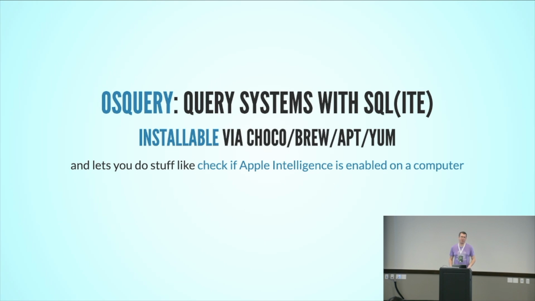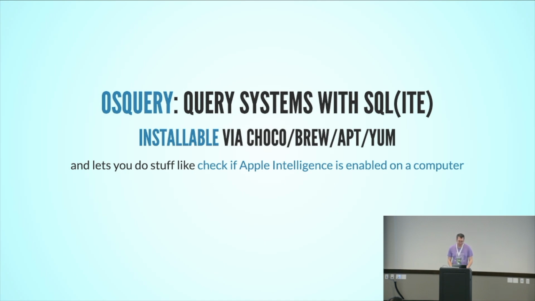Heck, you can even curl web requests. Well, it's not using curl under the hood, but you can make web requests through SQL on your system if you so desire. A lot of this is around system admin stuff, IT management, et cetera, but there are some fun things that you can do, for example, threat hunting and such.